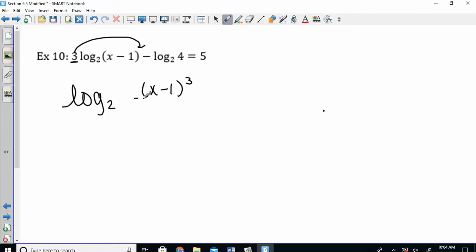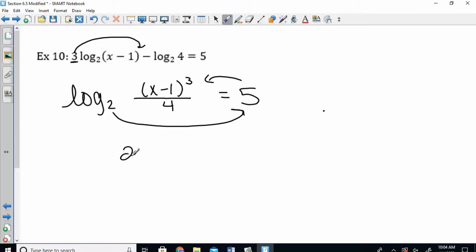When logs are subtracted, what do you do with their arguments? Divided by 4 equals 5. So then, what can I do?